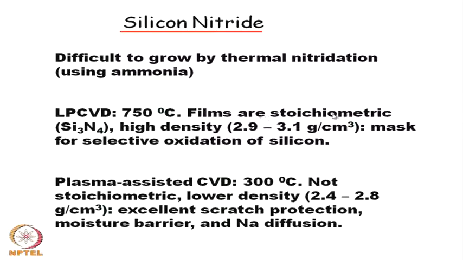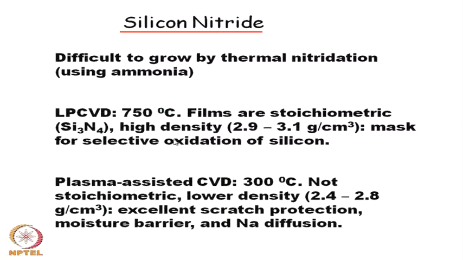So, the films are stoichiometric, that is why we can say that Si3N4 is the formula for this LPCVD grown silicon nitride. The density is high, 2.9 to 3.1 gram per centimeter cube, and it is used as a mask for selective oxidation of silicon.